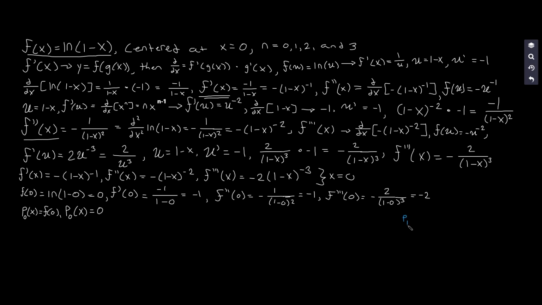P sub 1 of x equals f of a plus f prime of a times x minus a. And this is going to help us find the linear approximation at a, right? This is what we need to find the linear approximating polynomial centered at a, but in this case it's 0.